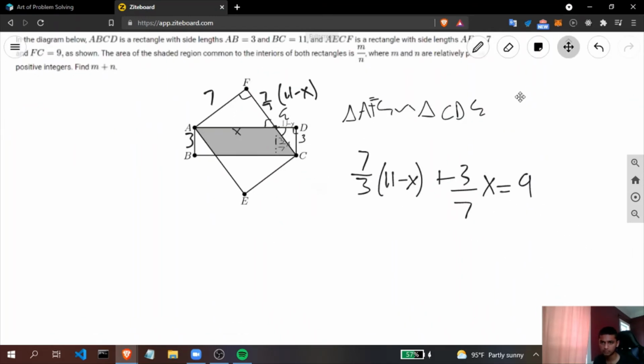Now we can multiply by 21 to get rid of the denominators, multiplying the entire equation.